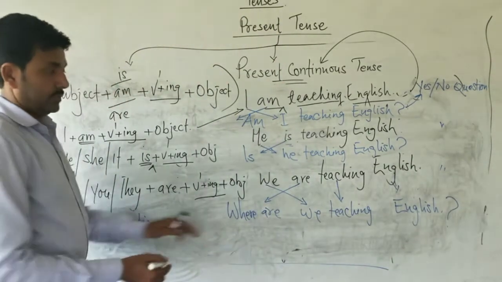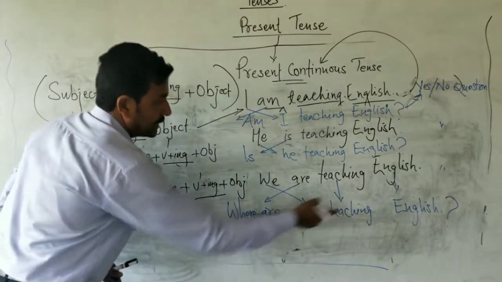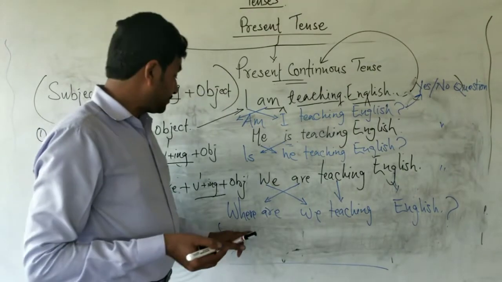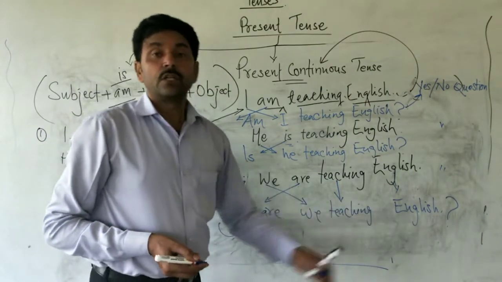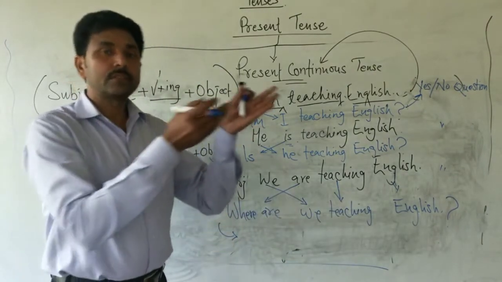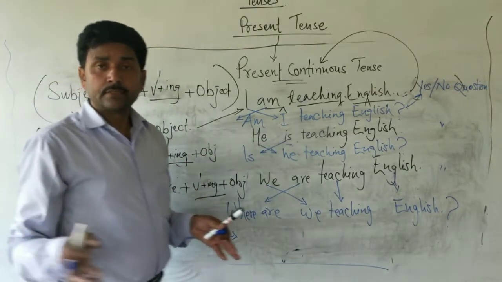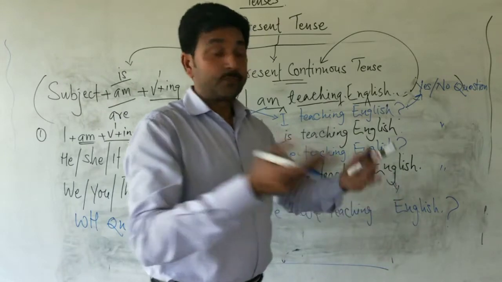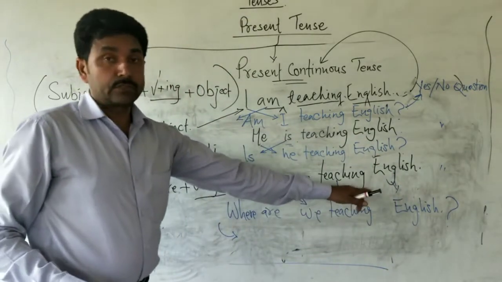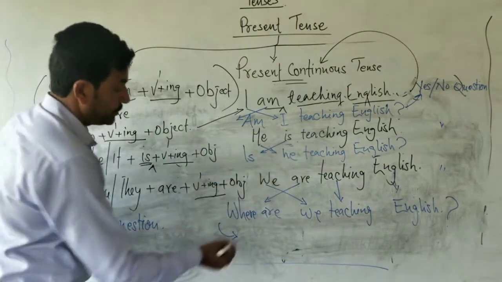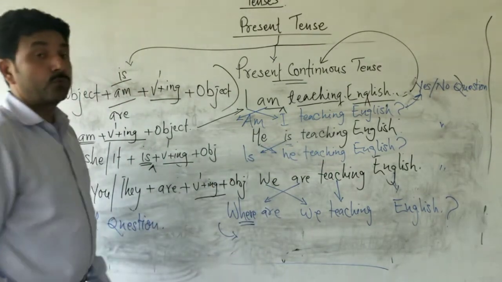We know the answer is not in the sentence. The answer could be: we are teaching English in the class, in the college, or in the institute. So the answer is not here. That's why we have used where.